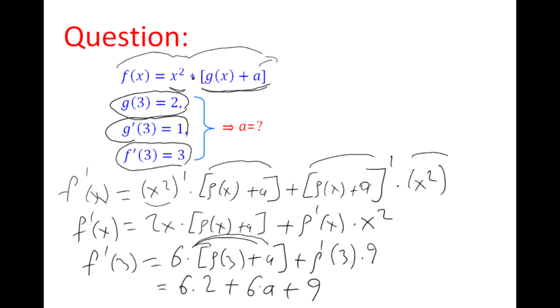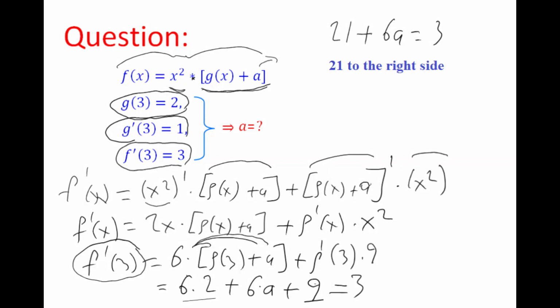The whole term is equal to f prime of 3, which is given as 3. So 6 times 2 is 12, 12 plus 9 is 21. So we have 21 plus 6a, which is 3.